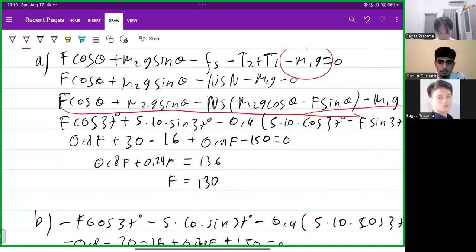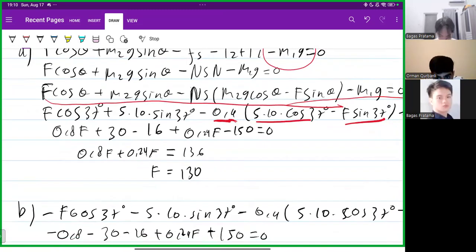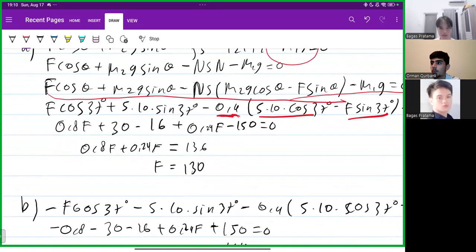Eventually we have 0.8 F plus 30 minus 16, because we have to multiply by this one and this one. And we found 16 plus 0.24 F minus 150.